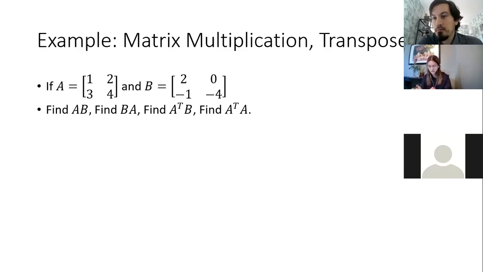And if you've forgotten how to do it, let me remind you. The first thing you should do is take the first row of A and multiply it term by term with the first column of B. So you can see that 1, 2, and 2, negative 1: you multiply 1 times 2, and 2 times negative 1, and add those together.